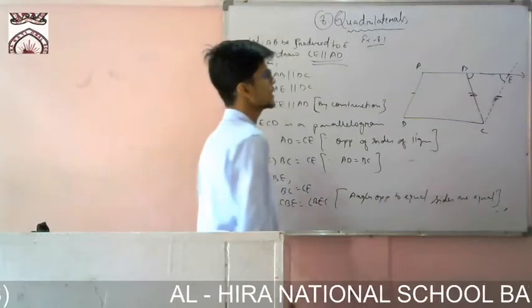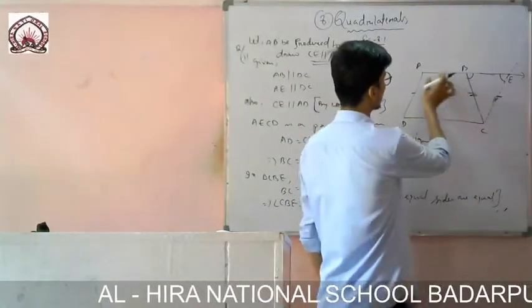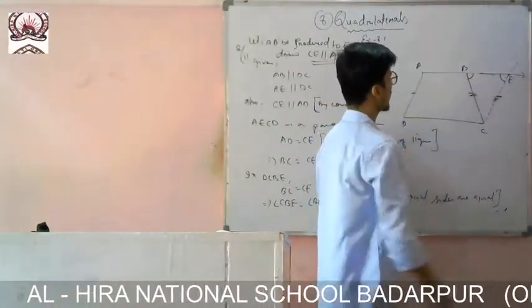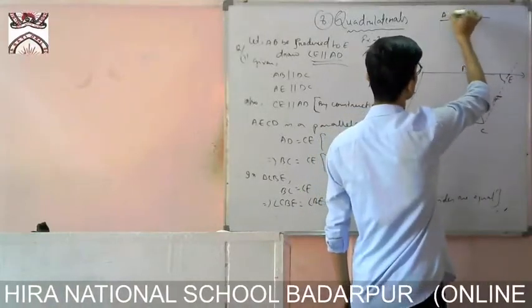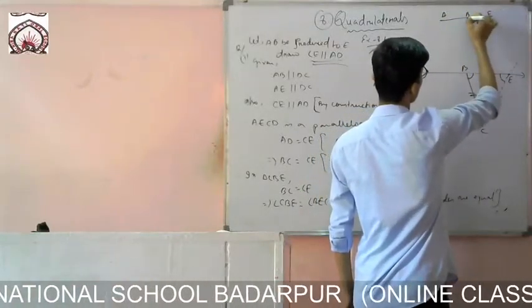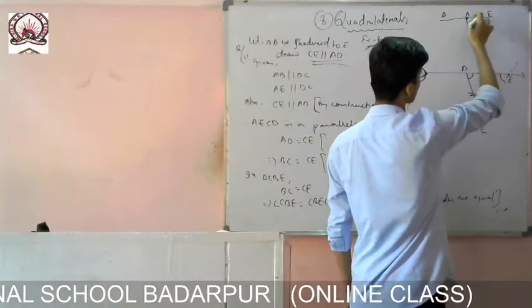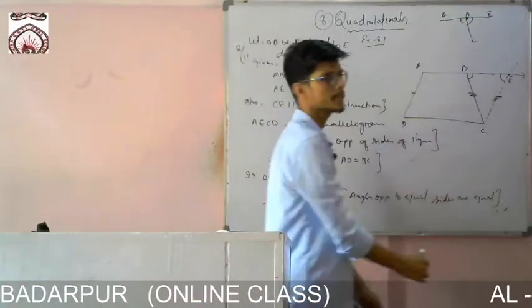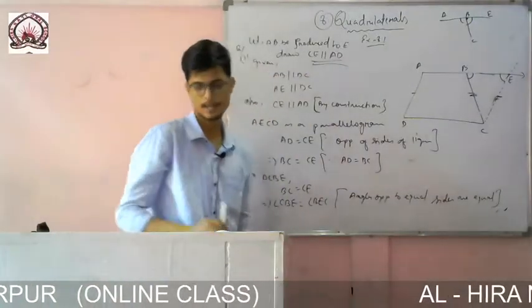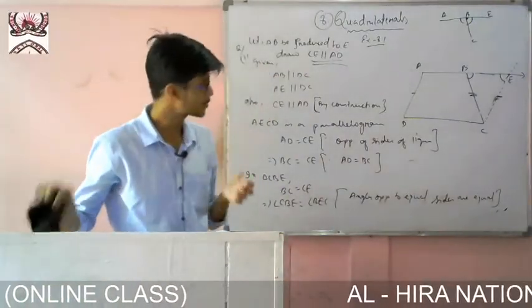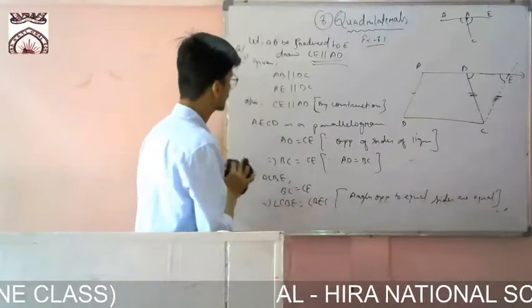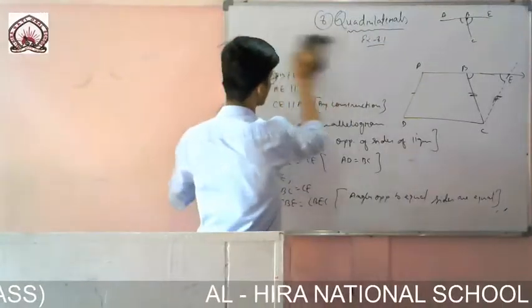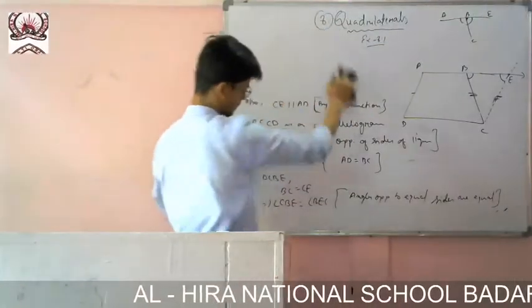Now you see here, if I take ABE as a straight line, then BC is a ray on it. That means these two angles are a linear pair, and the sum of these two angles will be equal to 180 degrees.